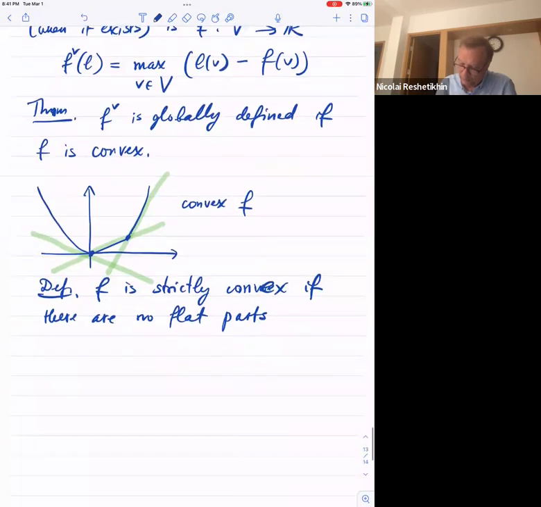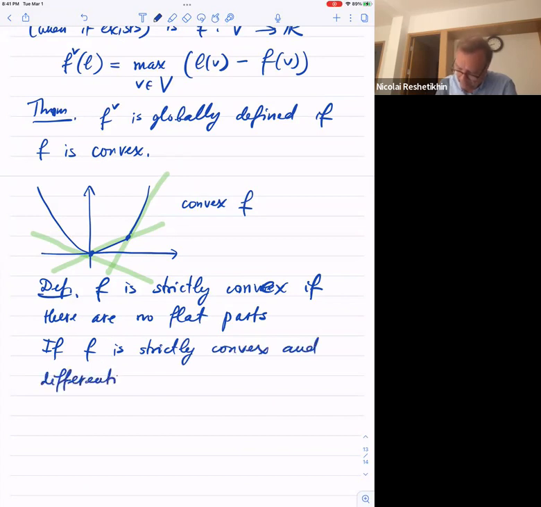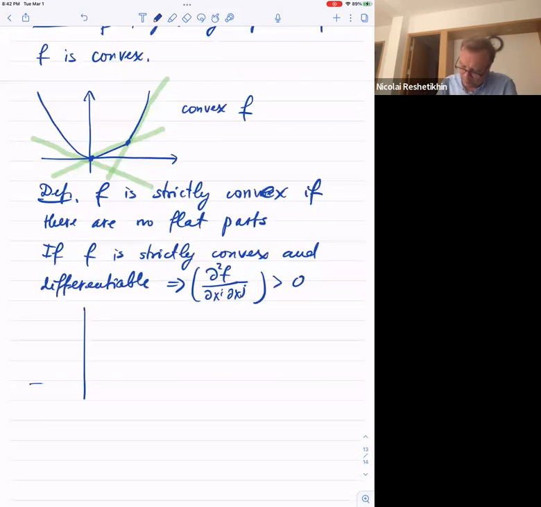So if there are no flat parts, and then if f is strictly convex and differentiable, that means the matrix of second derivatives is positive definite. So that's something like this.